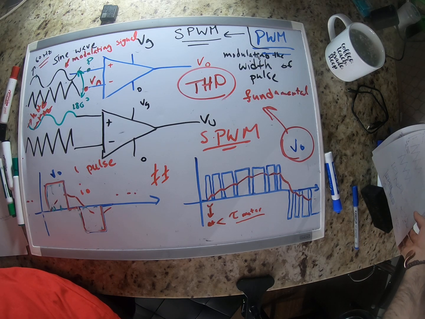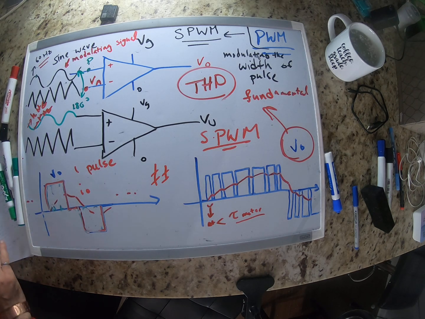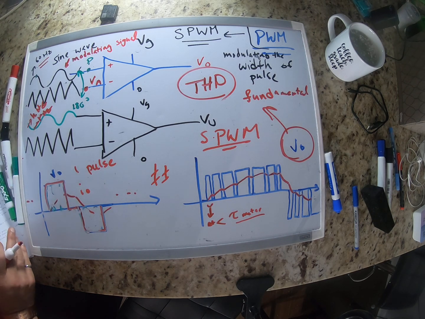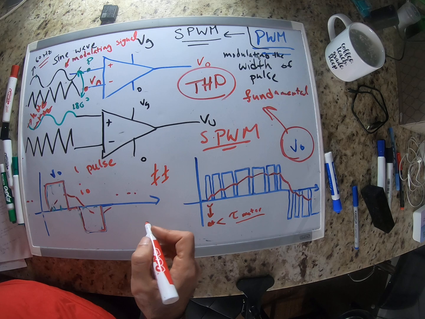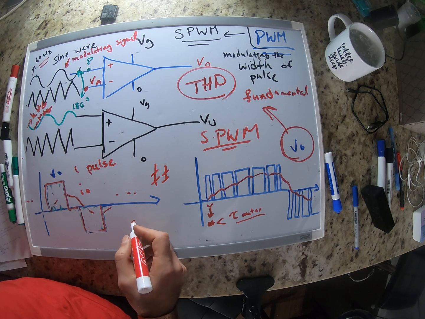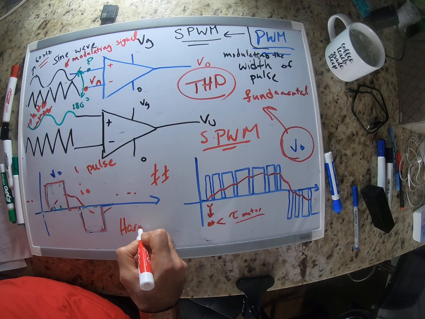There are other methods of doing this. One method is what you see here, sinusoidal PWM. The other method is space vector modulation, which is more frequently used nowadays. Another very famous method is called harmonic elimination.